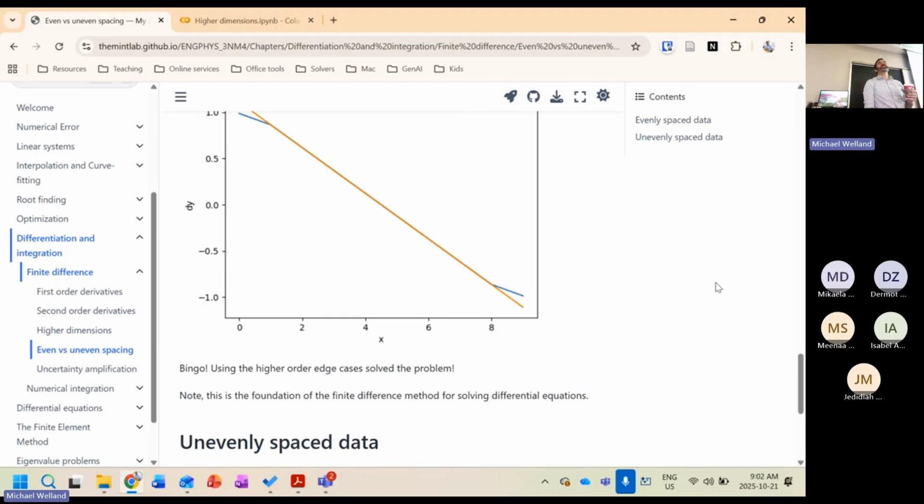Why can you always use forward and backward difference? But why? Okay, so why does that work for forward and backwards, but not for central?